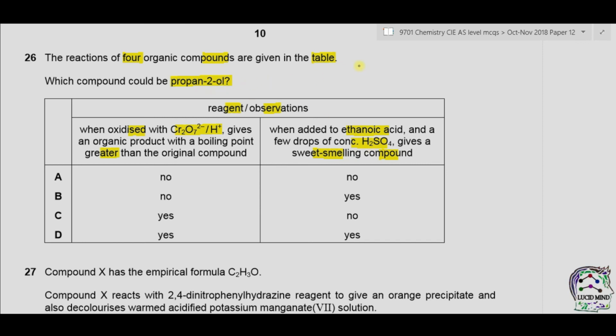Now propane 2-ol is the one in which we have 3 carbon atoms, and as it is alcohol, so we have OH. Now this is secondary alcohol, and secondary alcohol can be oxidized in the presence of acidified dichromate to form ketone.